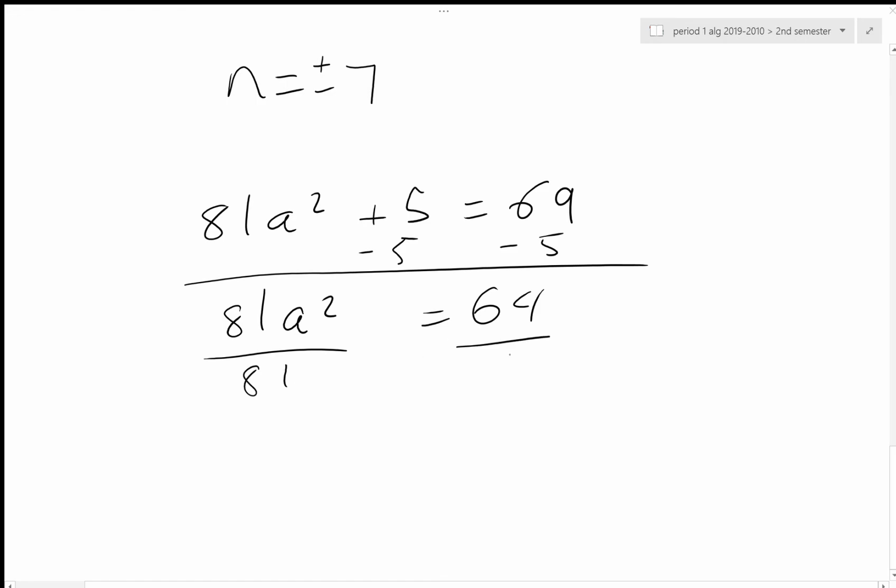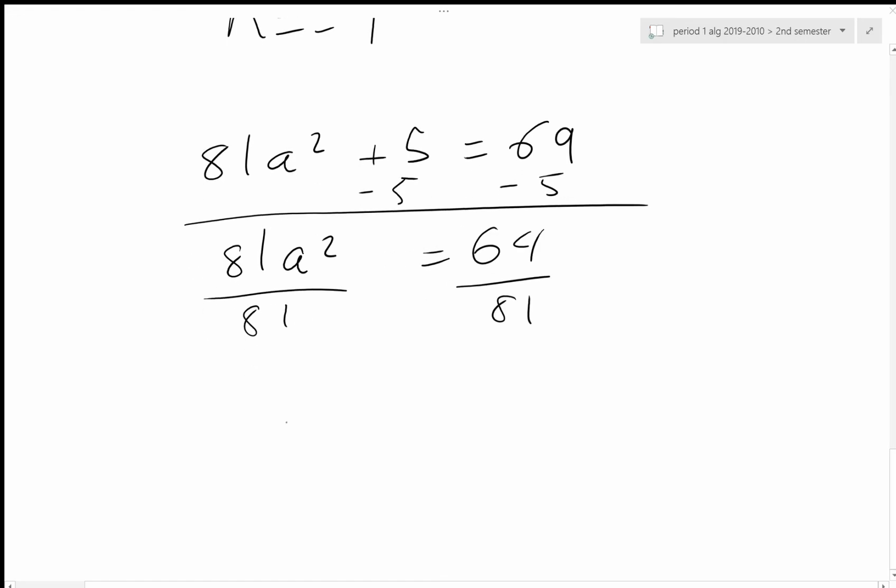Divide by 81, divide by 81. So now we have a fraction. So what you're going to do is look for, is there a square root of 64? And is there a square root of 81? And for you guys, I'm going to make it very simple and make sure that they're both on there. 64 is 8. 81 is 9. So it's a fraction, 8 over 9, plus or minus.